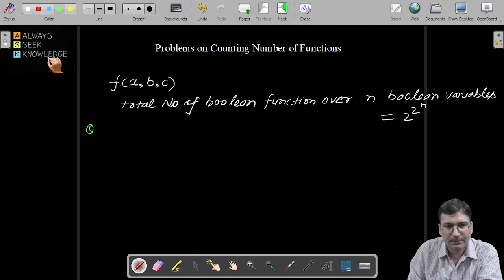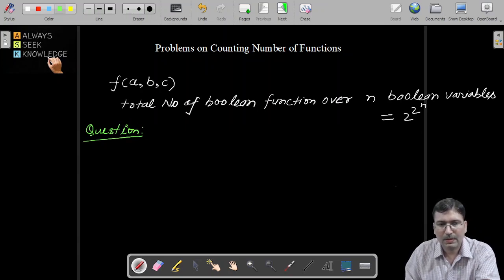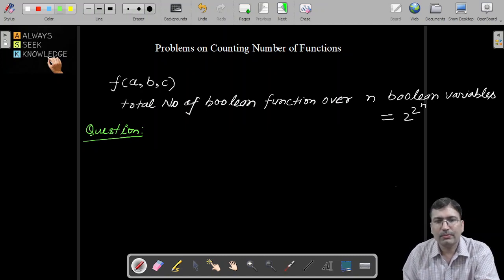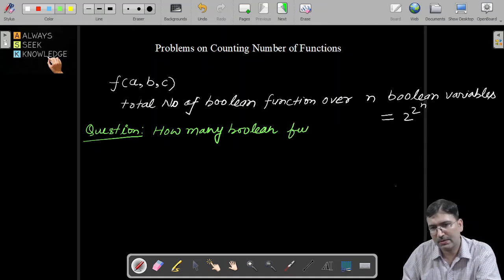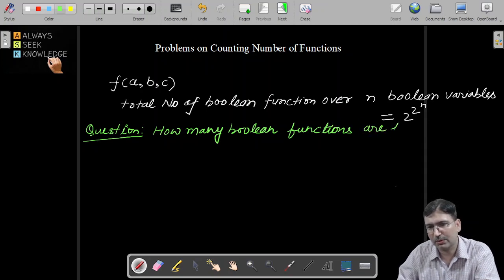So I'm giving you a question. Let's say I ask you how many Boolean functions are possible with, let's say, two or three variables.